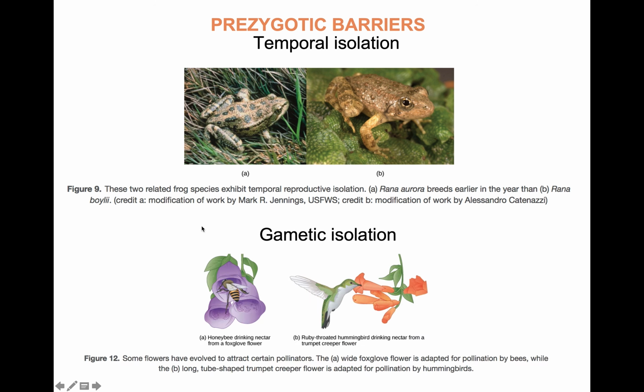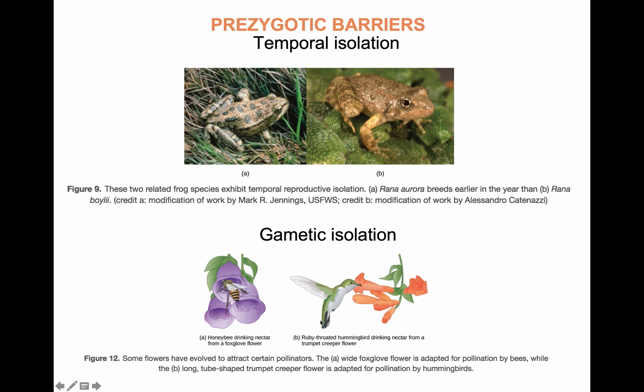Then we'll also have gametic isolation, meaning that there's just no way that a gamete from one organism can meet the gamete of another one. The choice of pollinator for plants is a good example. So if a hummingbird only feeds on these types of longer flowers, then when the hummingbird takes some of the pollen from these plants and goes to another plant, unless the second plant that this bird lands on is also the same type of flower, then the pollination will not occur.